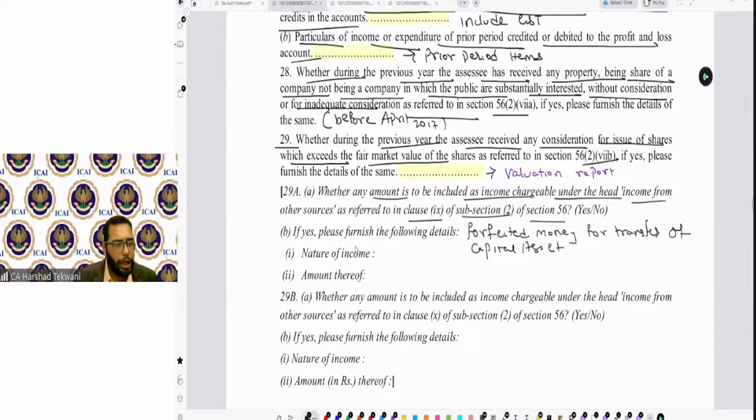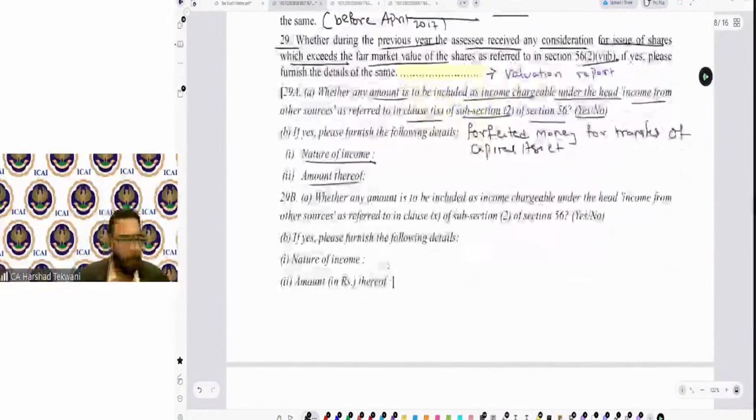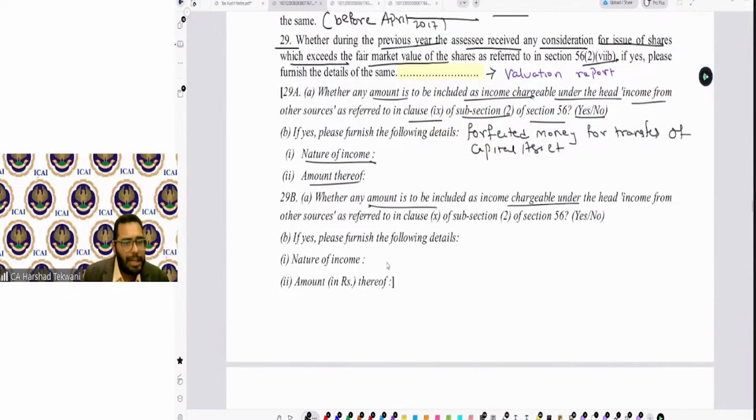Okay. You need to provide the details over here, yes or no. If yes, then you need to provide the nature of income and amount thereof. In the same way, we need to provide details with respect to the amount chargeable to Income from Other Sources under clause (x) of sub-section (2) of section 56. Okay.